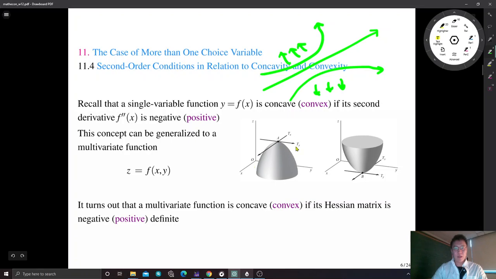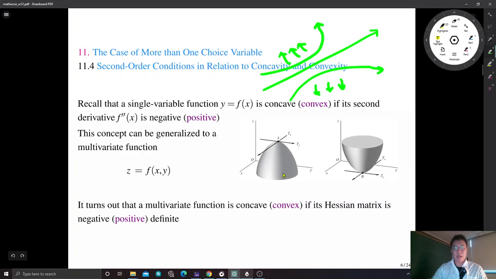Okay, but except for that one difference, concavity and convexity are easily generalized to three-dimensional space. In the case of a concave function, the graph looks like this upside down U shape. But instead of this curve, we're going to have this U-shaped surface.